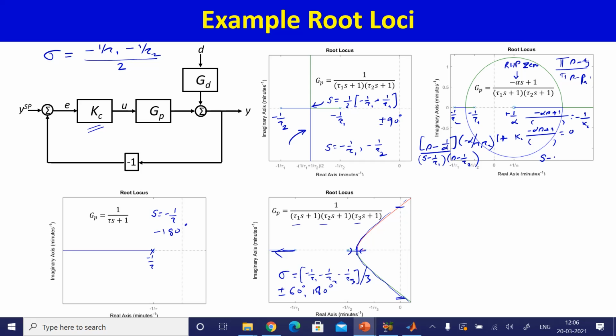The characteristic equation is s minus 1 by alpha divided by s minus 1 by tau 1 into s minus 1 by tau 2.